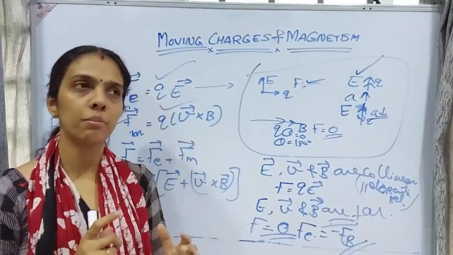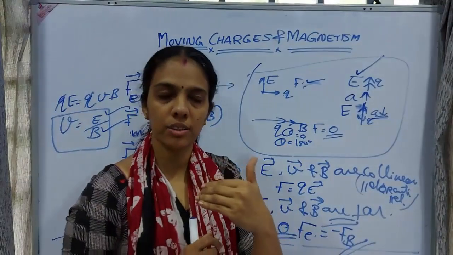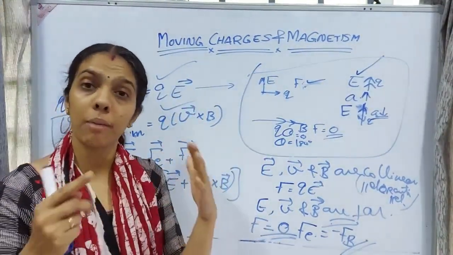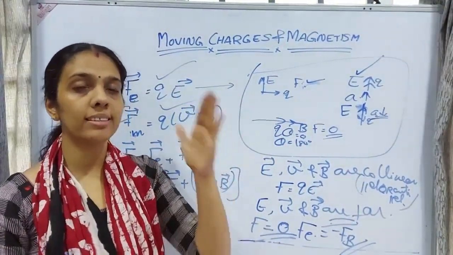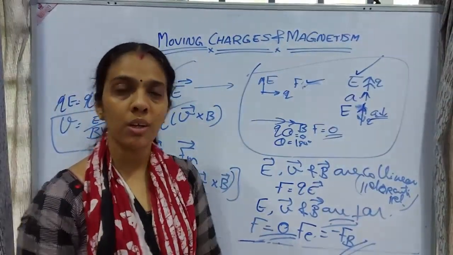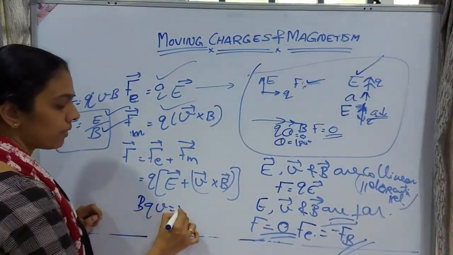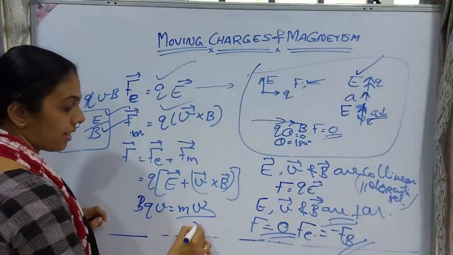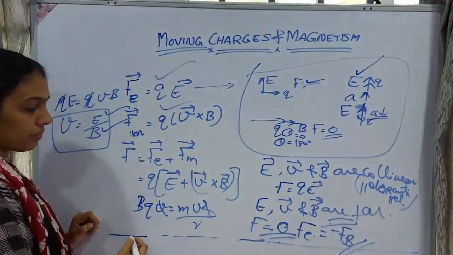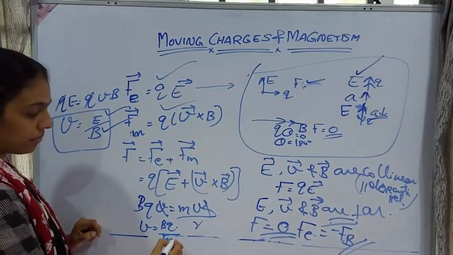For the numerical part, when I told you about the force acting on a charged particle moving in a magnetic field, I told you V sin theta alone will be present. So you can take that as V. BQV we can equate to mv square by r. Then we cancel and find V equals BQ by m r.